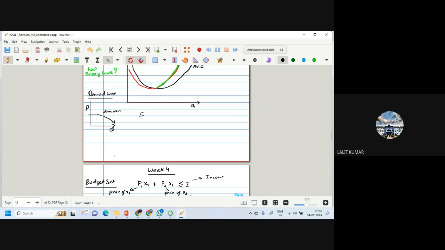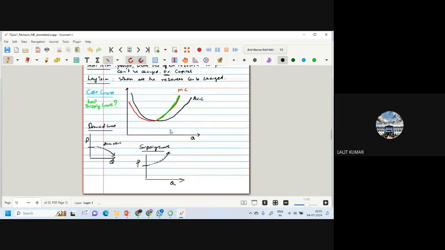For the supply curve, as the price increases, your supply will increase. So in this entire lecture, he was trying to make out from where this thing had come. So this thing has come from here.